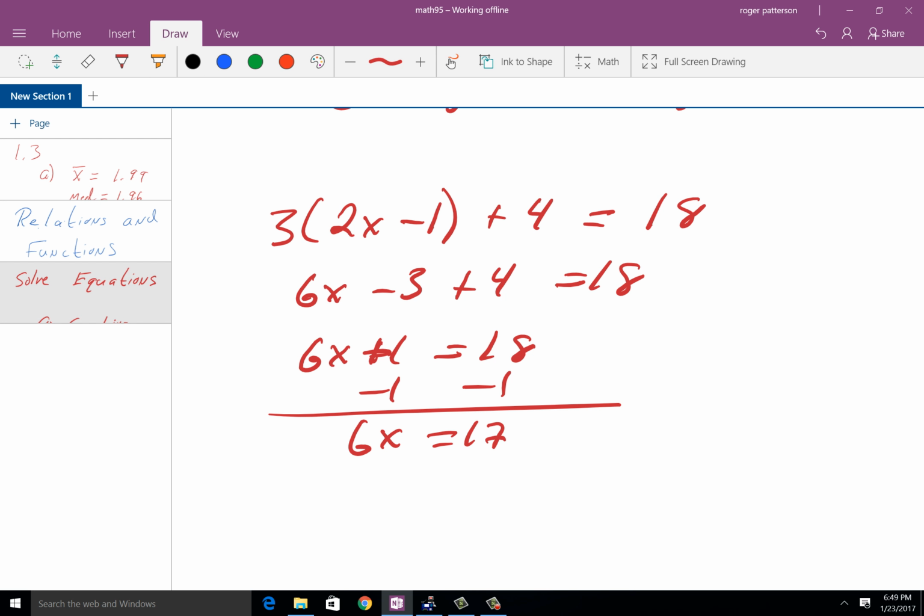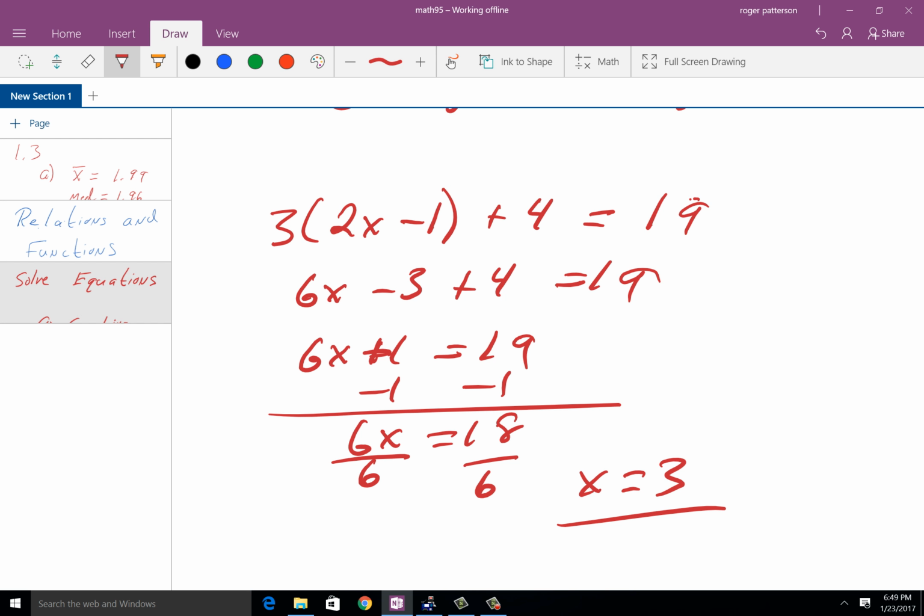Gosh, I should have made that a 19. Would you get mad if I made it a 19? What you'll find out is most of my answers never turn out right. Some of you guys that have me know that. But that's how life is anyway. Hey, look at that. We got 3. Okay? All right. So that's kind of how you would have done it.